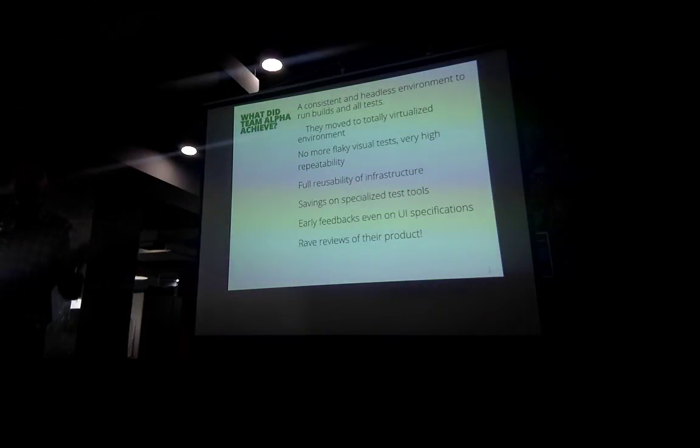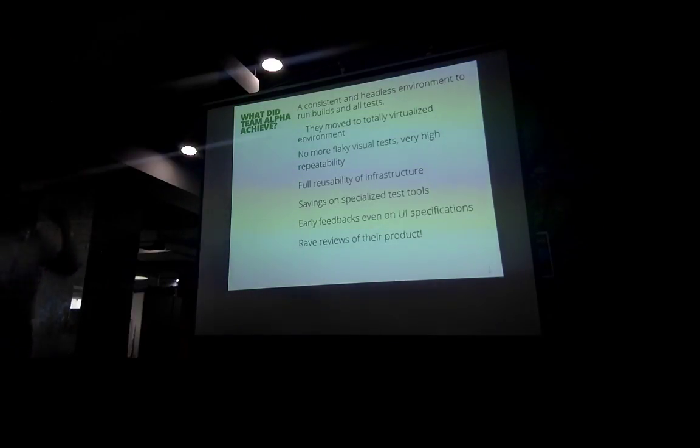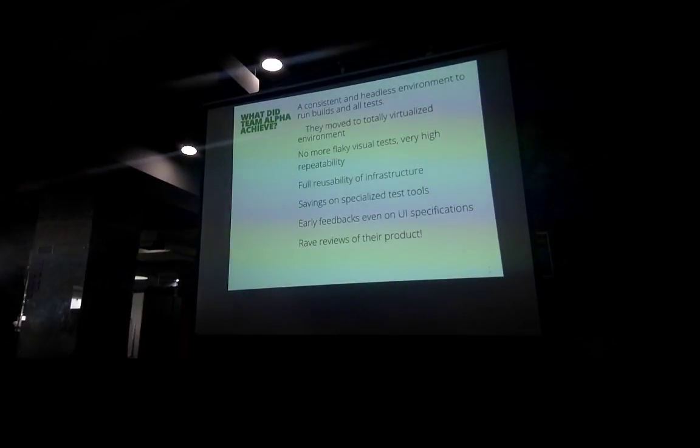So, in a nutshell, what did this alpha team achieve? It created a persistent headless environment, right, which runs and builds all the tests. That means the cost of maintaining a separate class of agents is no more there now.